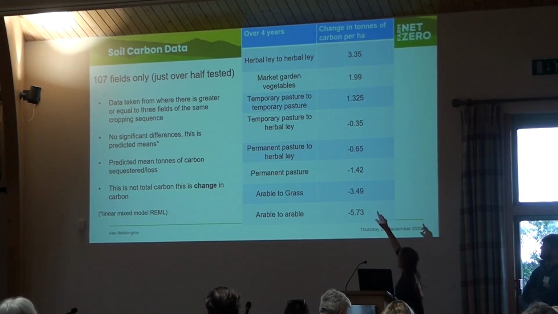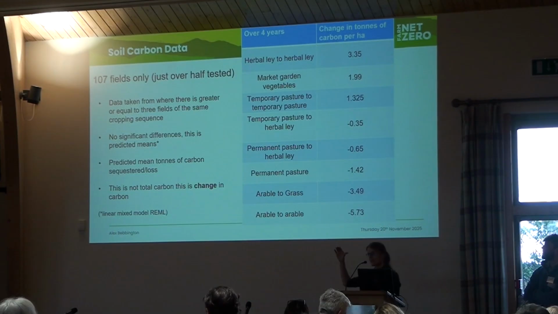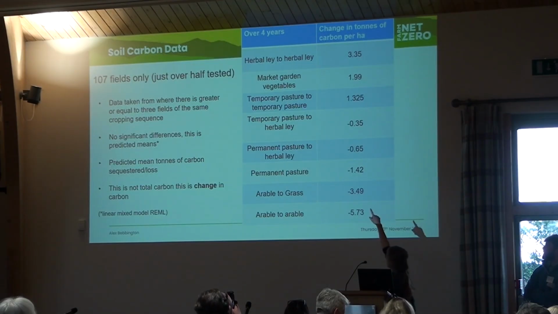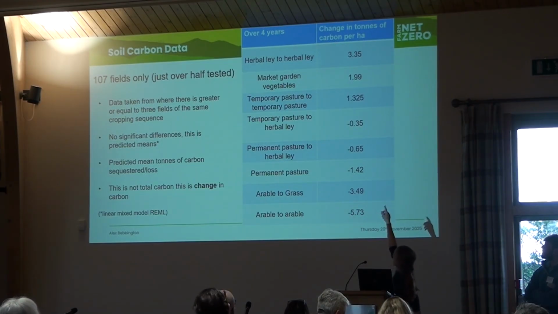Moving from herbal ley to herbal ley, the change in carbon is a 3.35 tonnes per hectare increase per year, down to the depth of sample, which is 50 centimetres, bearing in mind there's still some more fields to sample. And for continuing temporary pasture, the increase in carbon is 1.3 tonnes per hectare.